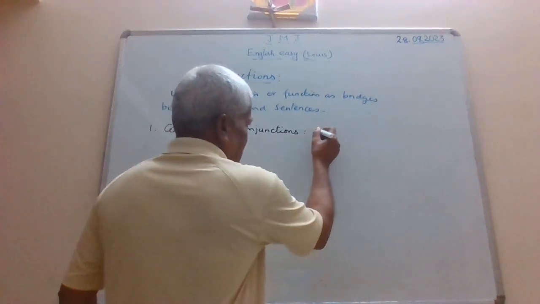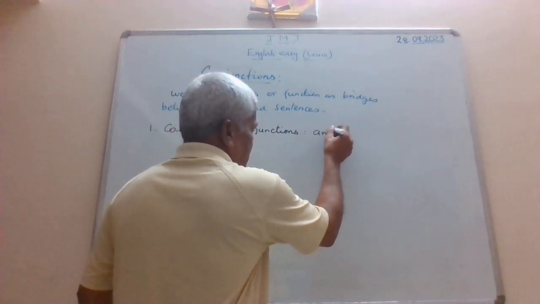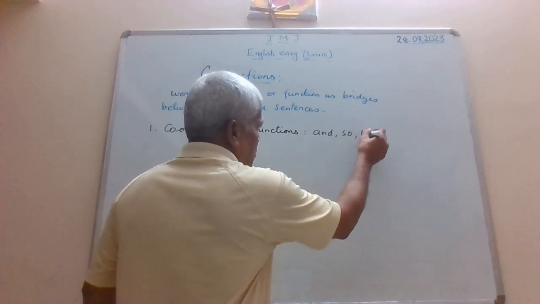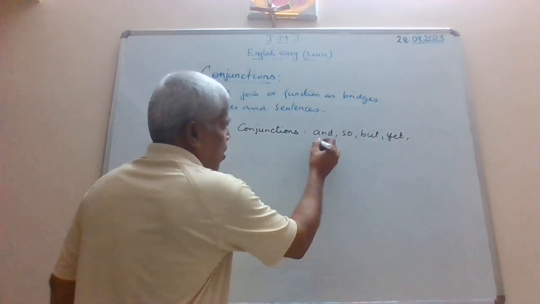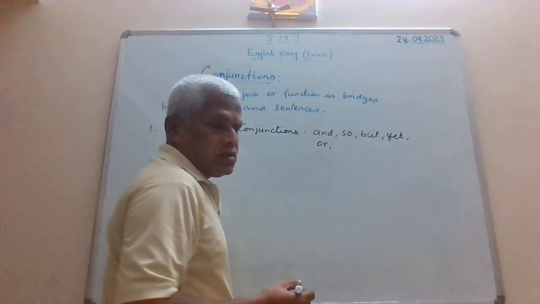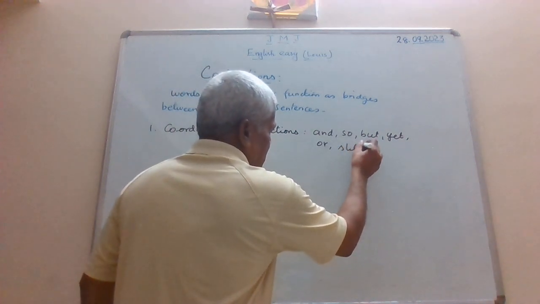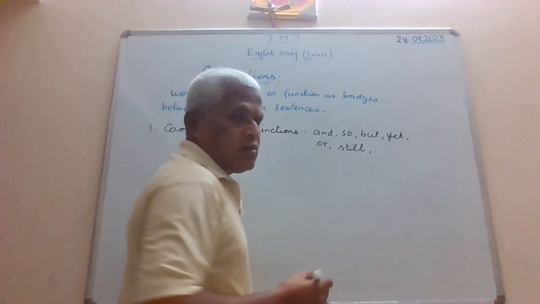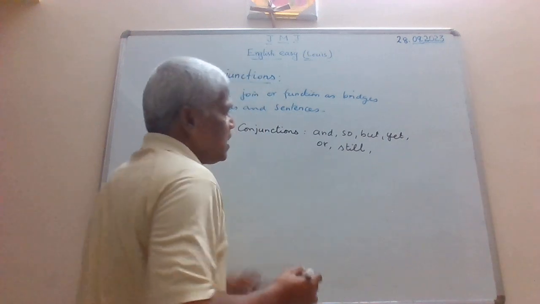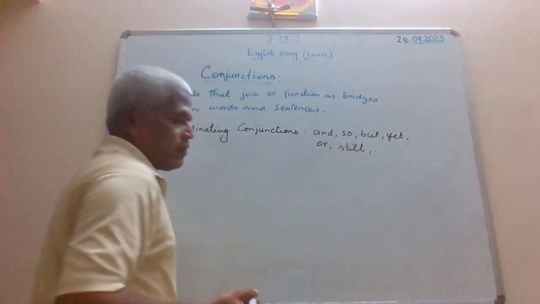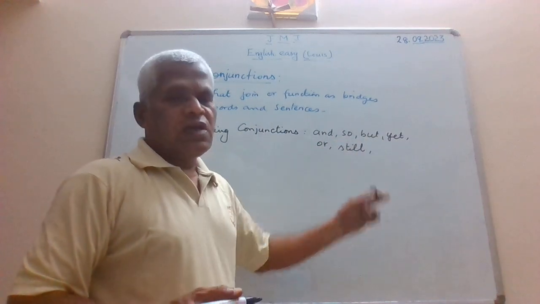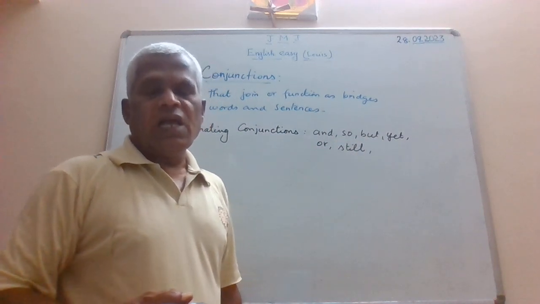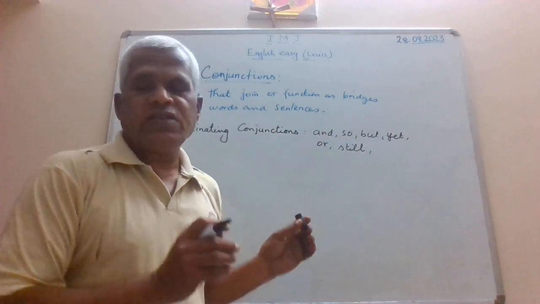For example, conjunctions like and, so, but, yet, or, and sometimes still also you can use as a conjunction. These are the few words that we use for linking words, and they are simple conjunctions.